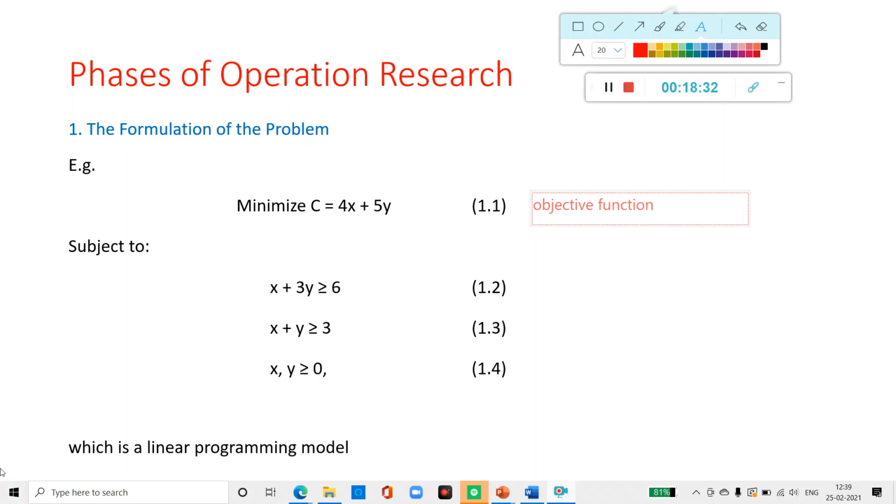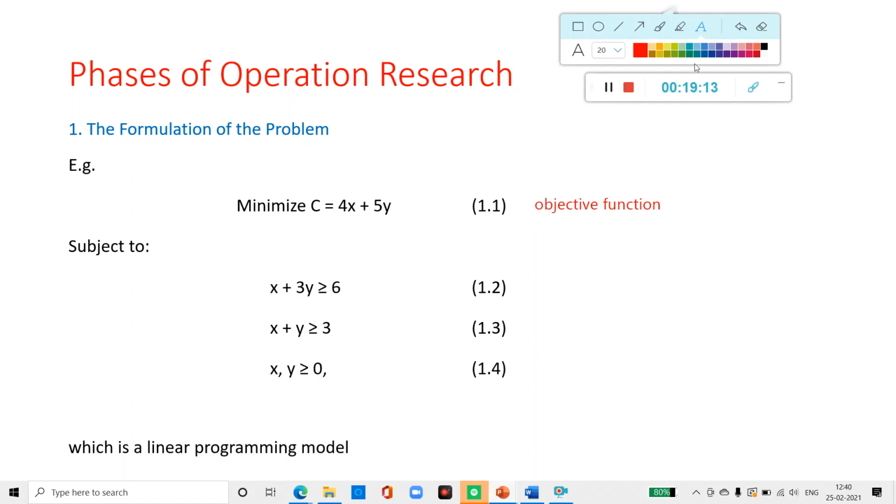At the same time, the company can manufacture any number of units, or it may not manufacture a particular product. So that is x, y greater than or equal to 0. The company may manufacture one product, or it can manufacture both. So in that case x equals 0, but it cannot manufacture negative units of x and y. So one more constraint has to be introduced in this model, called the non-negativity constraint.